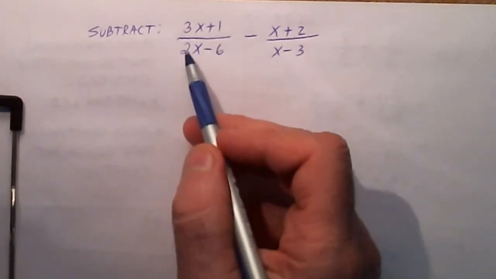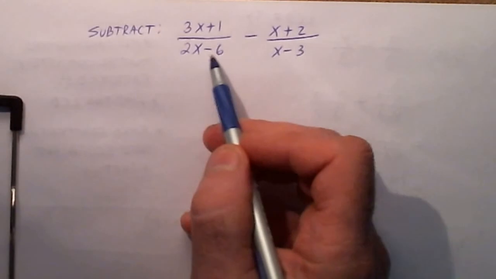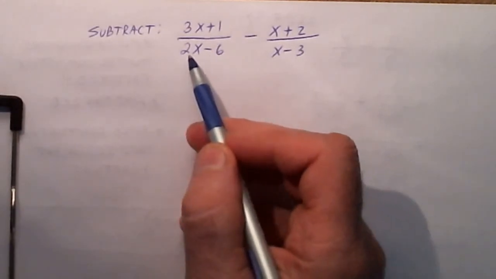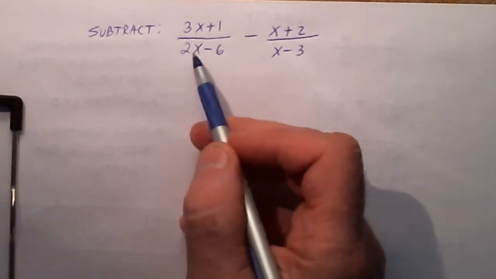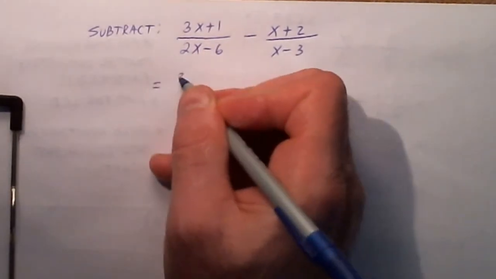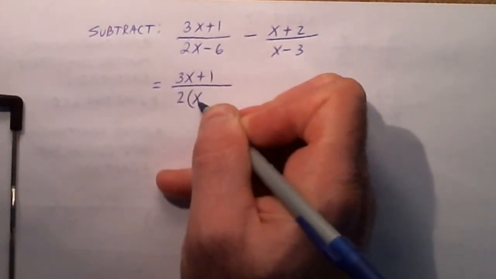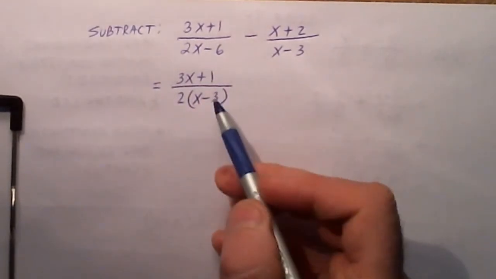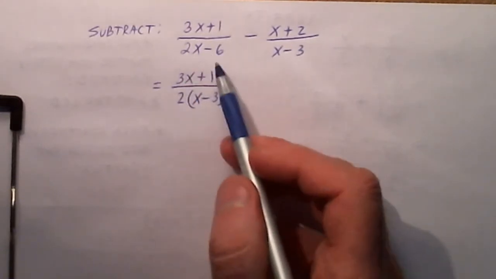Notice the first denominator is 2x minus 6, and we ask ourselves, can we factor 2x minus 6? Well, notice we can factor 2 out of both the first two terms, and therefore factoring 2 out of these two terms, what would we leave behind? Well, we're going to leave behind 2 times x minus 3. So therefore, 2 times x minus 3 is the complete factorization of 2x minus 6.